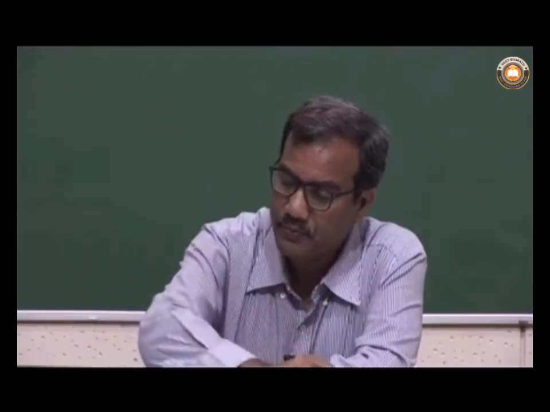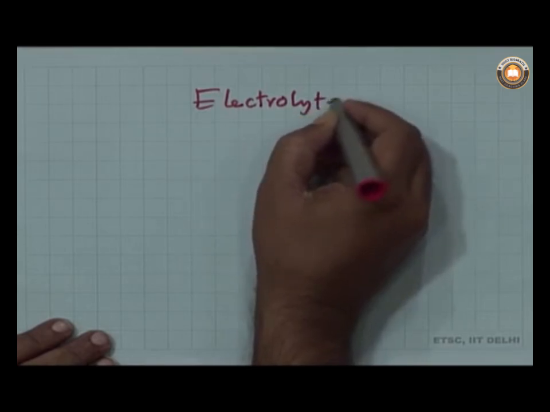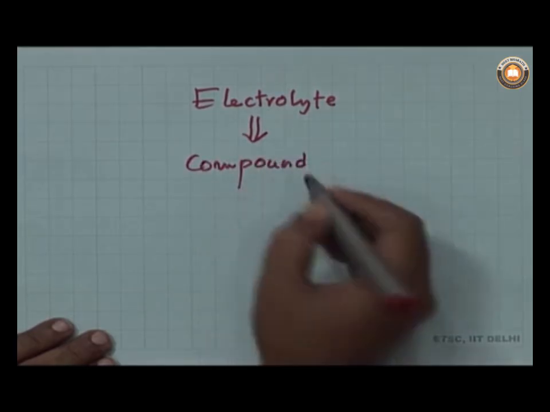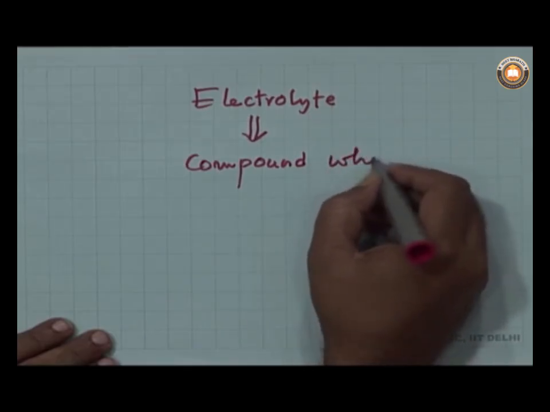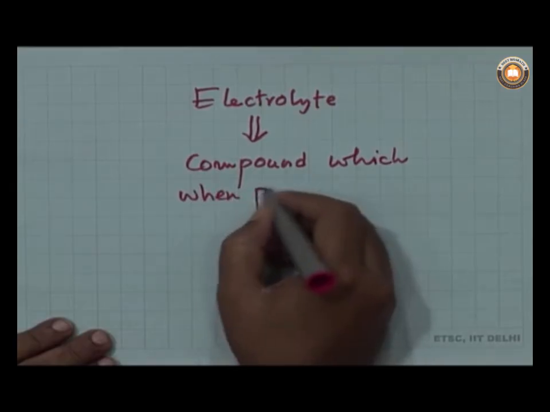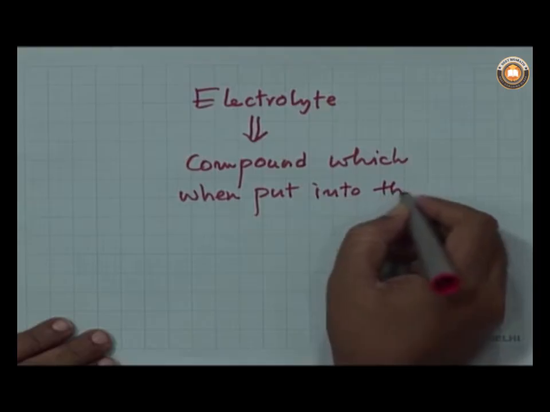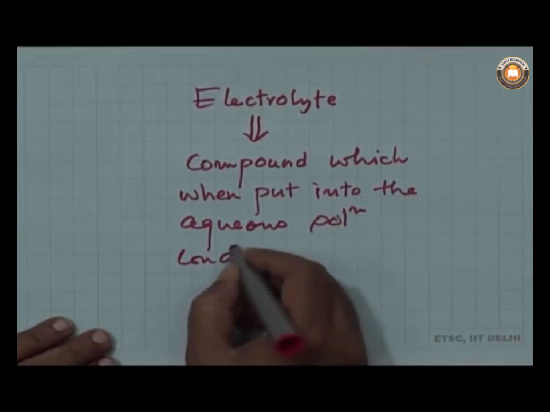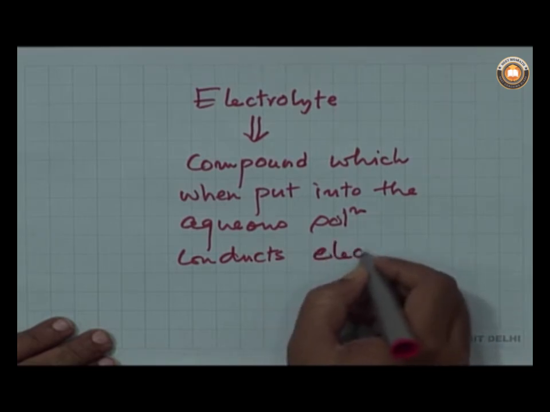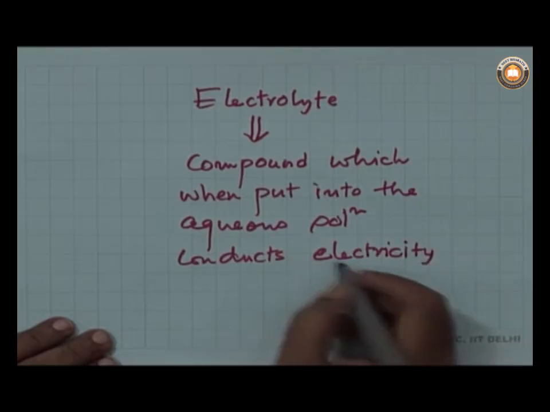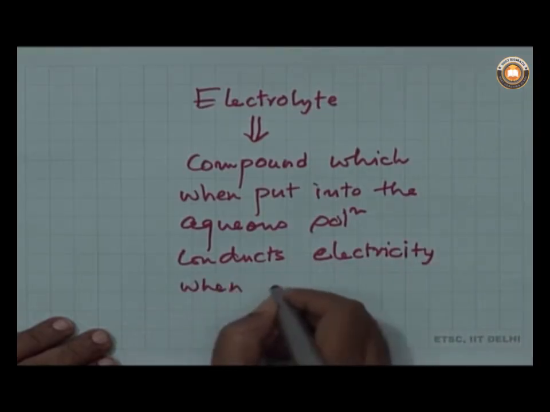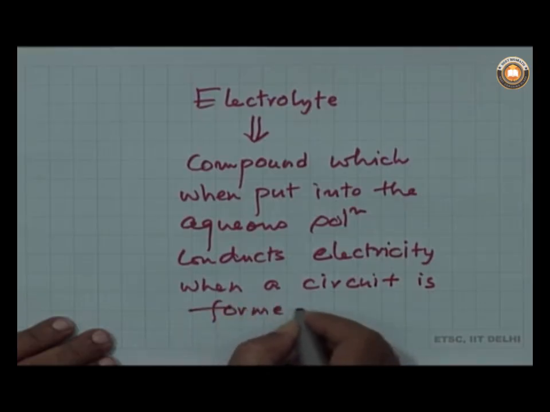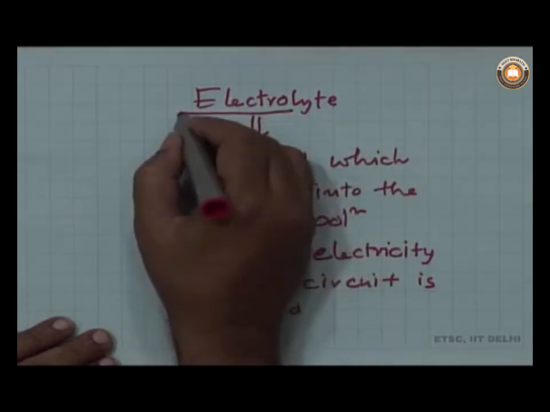What is an electrolyte? An electrolyte is any compound which, when put into aqueous solution, conducts electricity when a closed circuit is formed, and that is why they derive the name electrolyte.